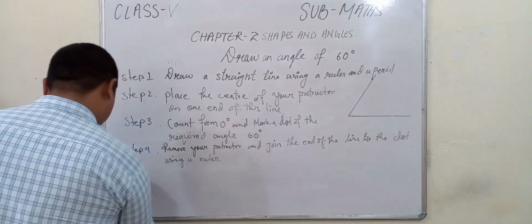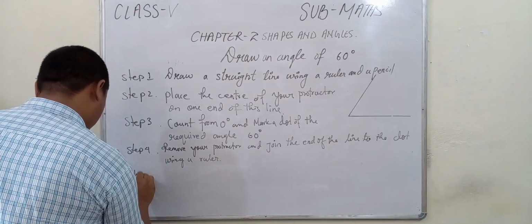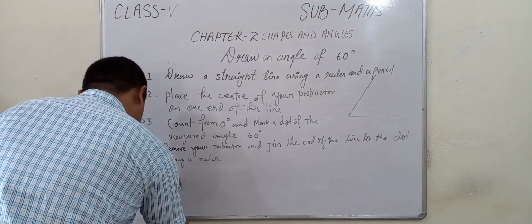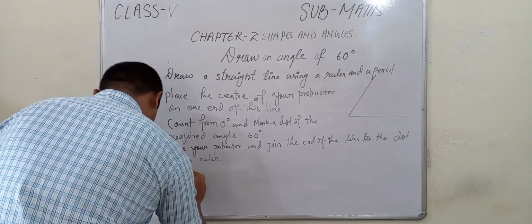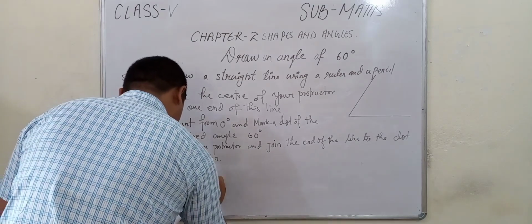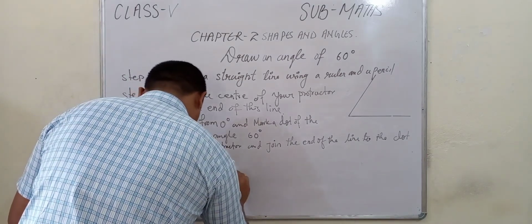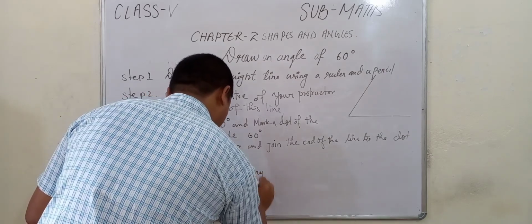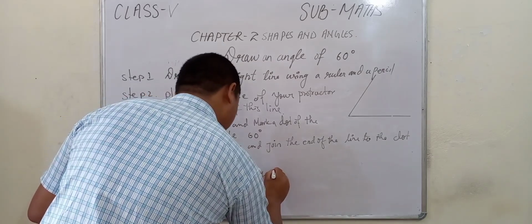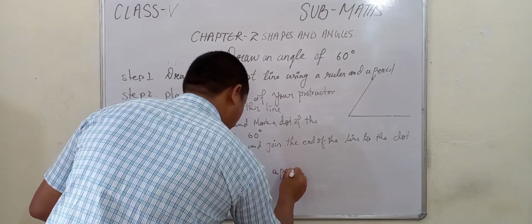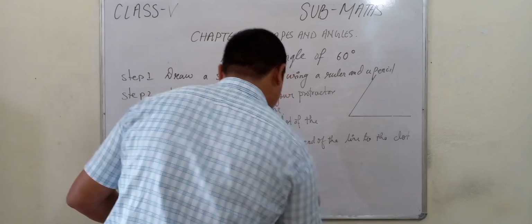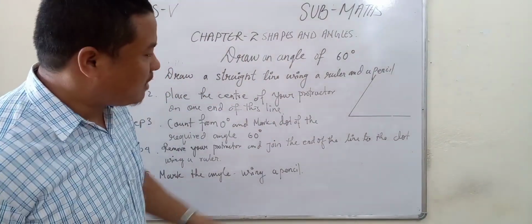Now step 5: mark the angle using a pencil. Now we have to mark this.